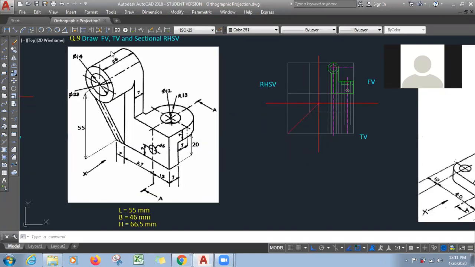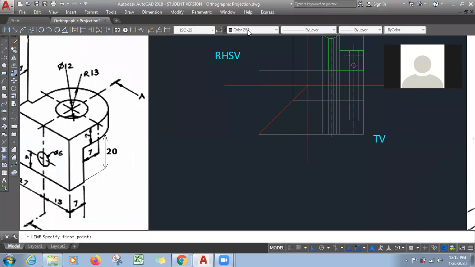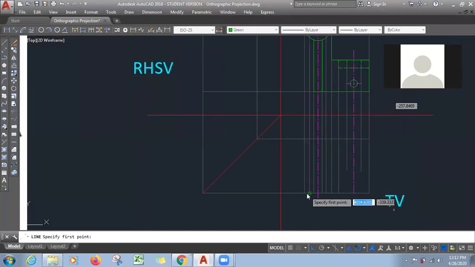In the top view, what you can see is that this cylinder can be seen as a rectangle starting from this side. So the length is how much? 26, and the width we have already projected, you see. So take a line, change color first, take a line. Okay, the width is how much? You see, the width is up to this, the length is 26.